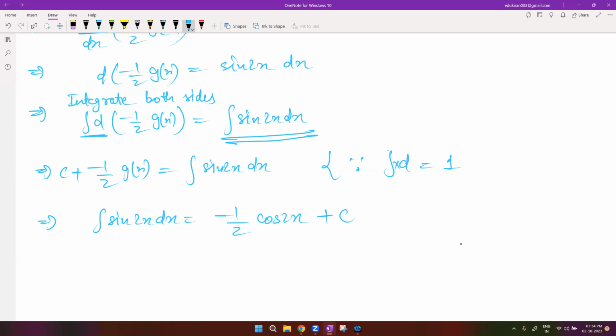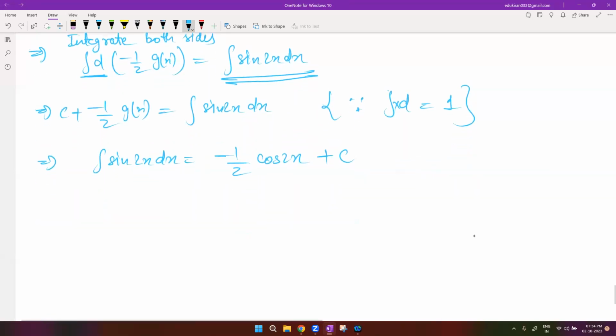Remember this also. So this is the method of inspection. I have just told you this for your understanding. You don't need to do this for exams. For exam purposes, this is not required.